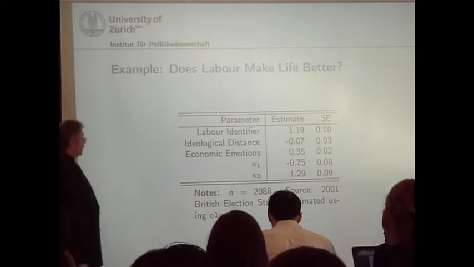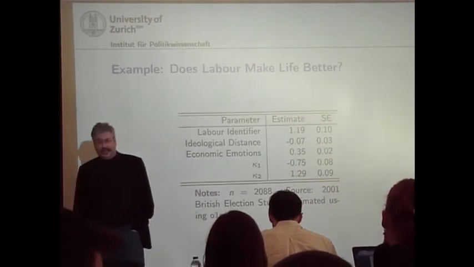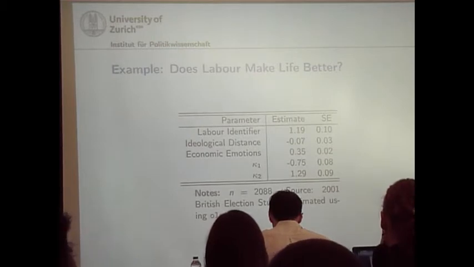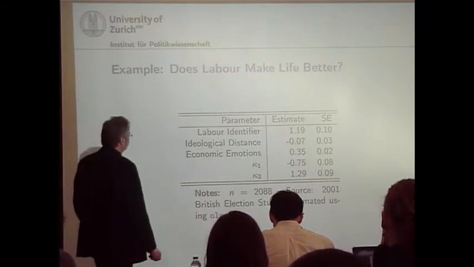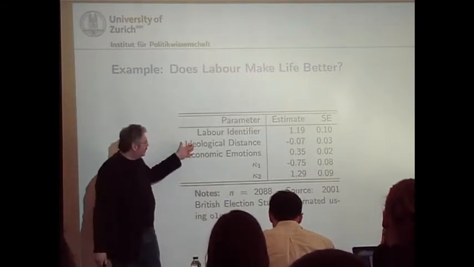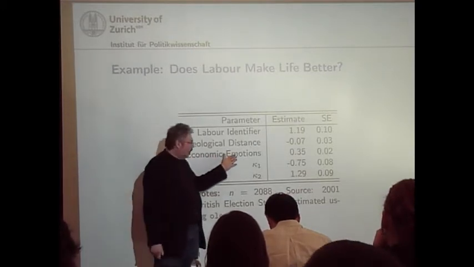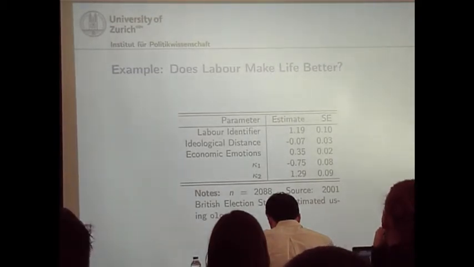Labor identifiers tend to think that labor makes their life better, because we see a positive coefficient. Ideological distance: the more of it, the more people are inclined to disagree. With more favorable economic emotions, people tend to be more in agreement with the statement.